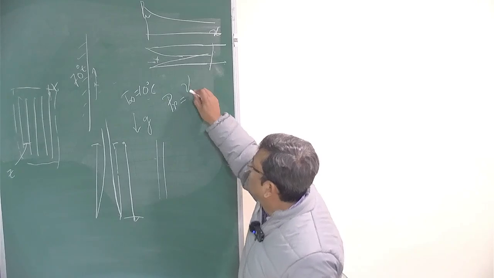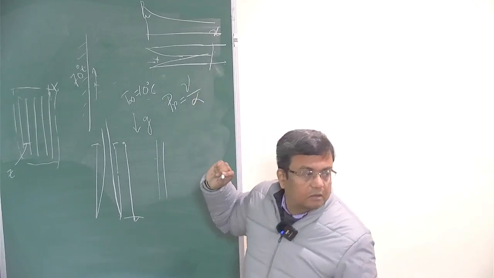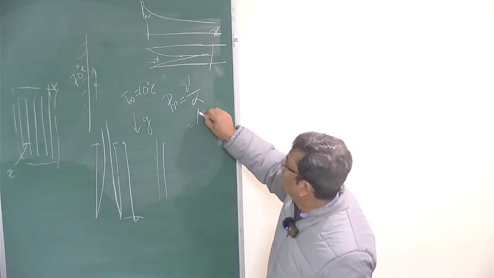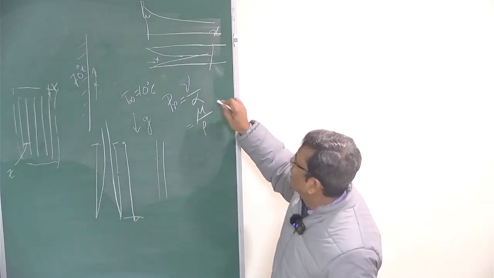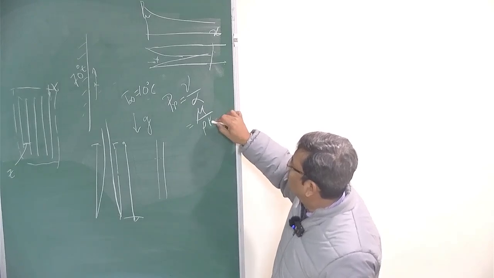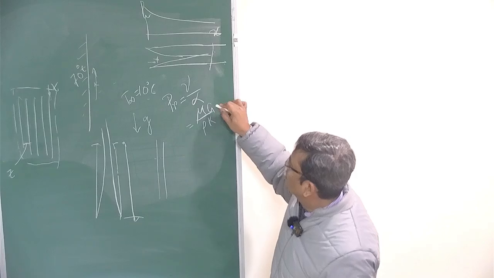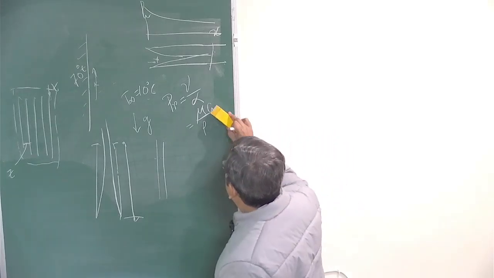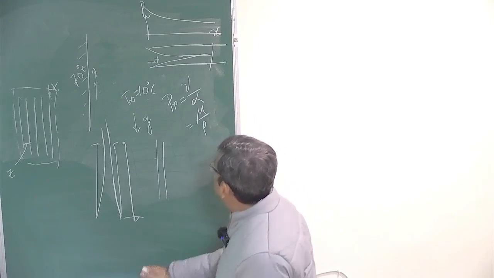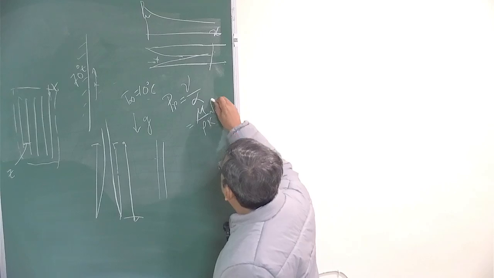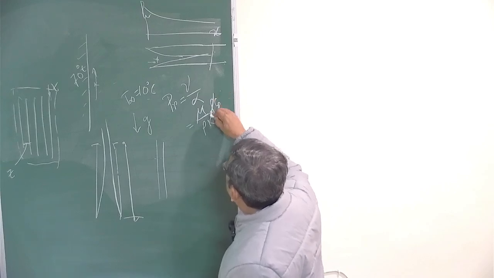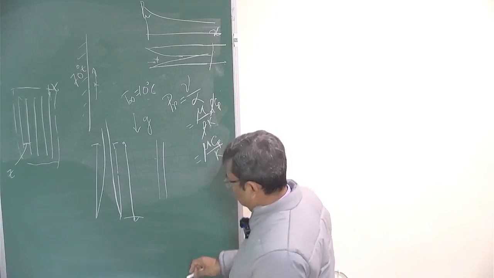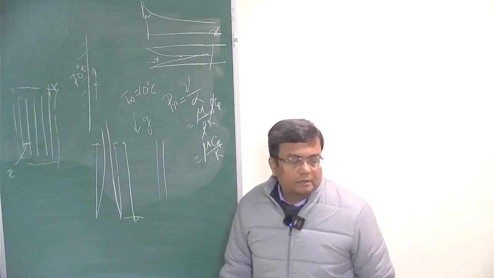Okay, it's like this, right? Well, so nu is mu by rho, and alpha is k over rho Cp. So it's mu Cp by k. All right.